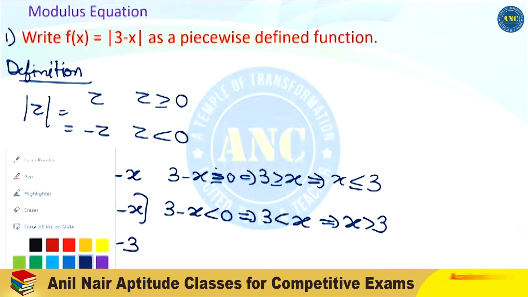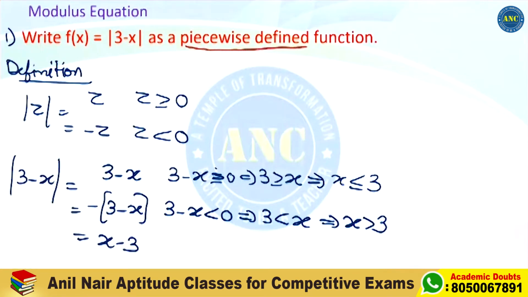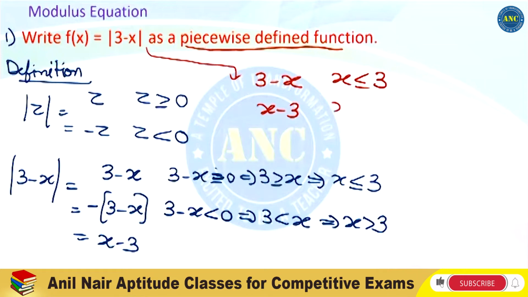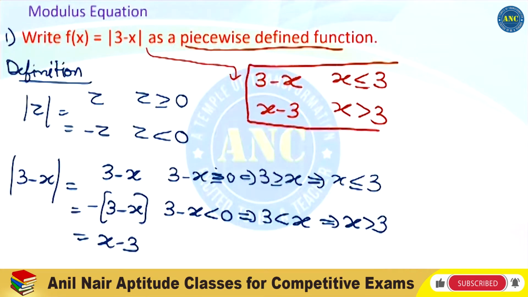That means as a piecewise defined function, one value will be 3 minus x as long as x is less than or equal to 3, and the value will be x minus 3 as long as x is greater than 3. There are two pieces that will be formed depending upon the values x is taking: x less than or equal to 3, or x greater than 3. I hope the definition is clear.